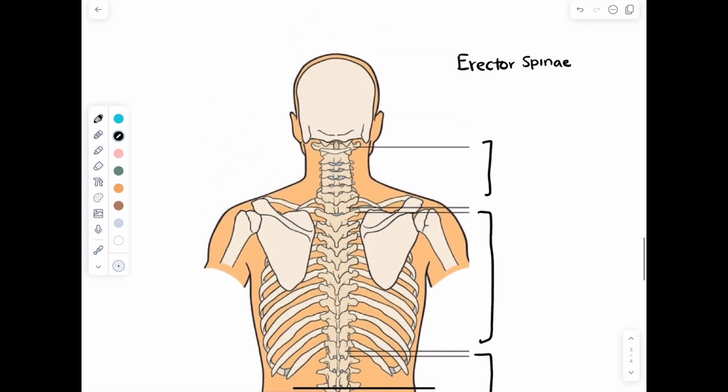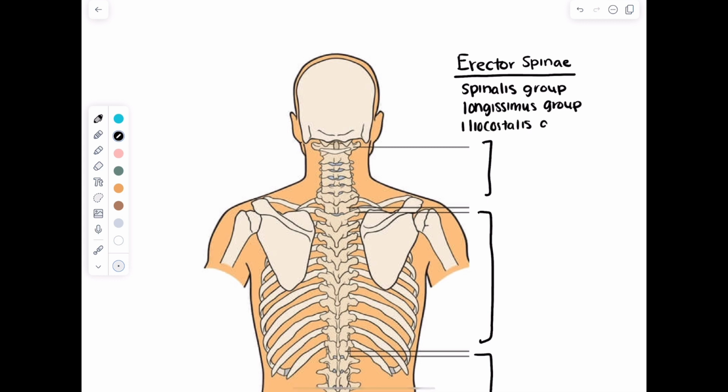That was stuff we talked about in previous labs when we did skeletal. So for the erector spinae, we have the spinalis group, our longissimus group, and our iliocostalis group. Those are our big main groups.